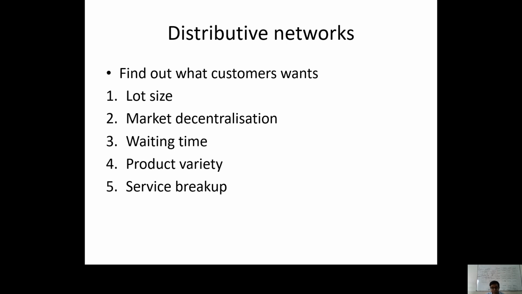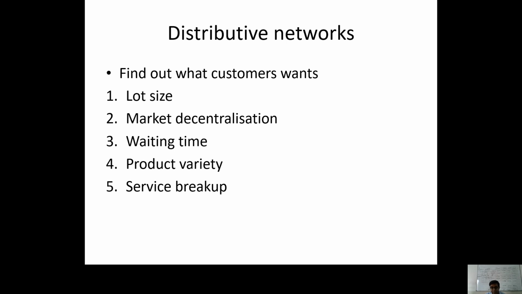If you have such information at hand, you can decide which distribution system will be more useful for your organization. Let's take it this way: you want to sell bath soap or hair oil, and your product has multiple varieties, then you need a large and longer distributive chain. You need multiple wholesalers, retailers, distributors, and a supply chain which ensures that the product reaches your final customer.